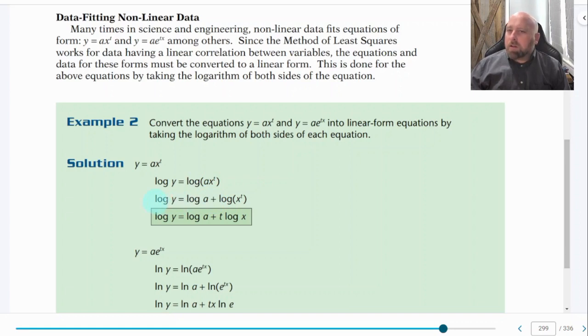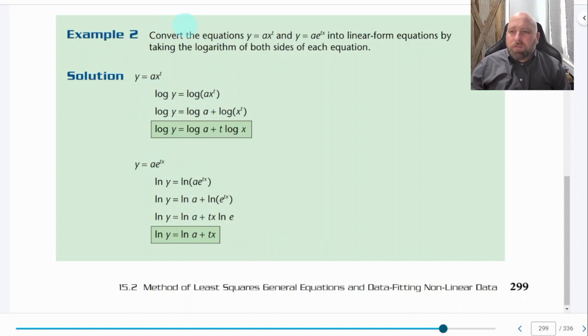So now is where you kind of see that come out, where you have y. Yes, it's log y, but this is still your y. And here's your mx over here. So t log of x, and then plus b. So y equals mx plus b. Okay, so you use the log. Now here's the natural log. When do you use natural log? When you have an e.